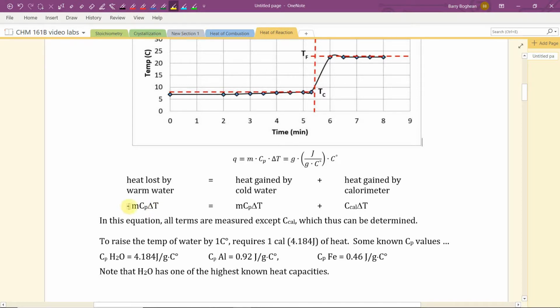We'll call it negative because it's losing heat. And that'll be equal to the heat gained by the cold water, mCp delta T, plus the heat gained by the calorimeter, C calorimeter delta T. In this equation, the only term we don't have will be C calorimeter, the heat capacity of the calorimeter, and so we can solve for that.